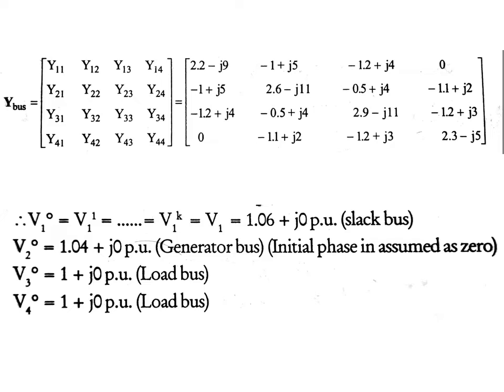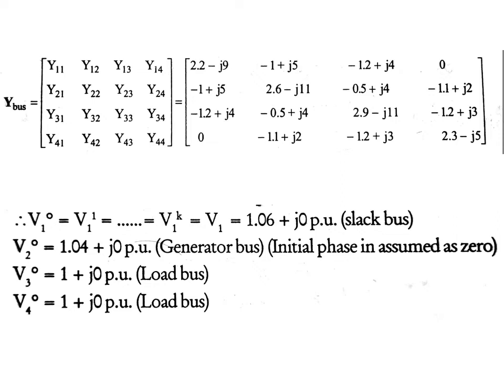That is, V1(0) equals V1(1), which equals V1(k), that will be equal to V1 since it is a slack bus, specified as 1.06 angle 0 or 1.06 plus j0 per unit. For the generator bus, the angle is unknown, so we assume 0 initial angle, and the magnitude is specified as 1.04. So V2(0) for the generator bus equals 1.04 plus j0 per unit.